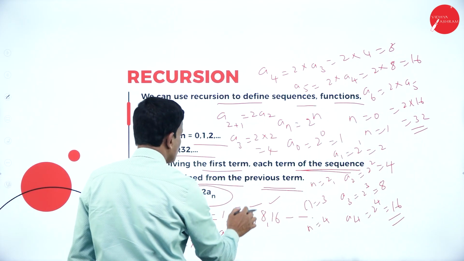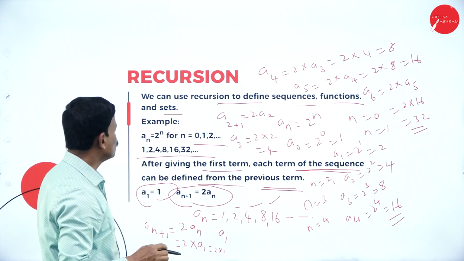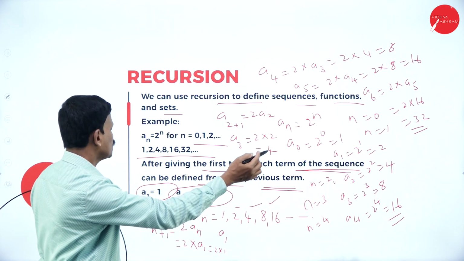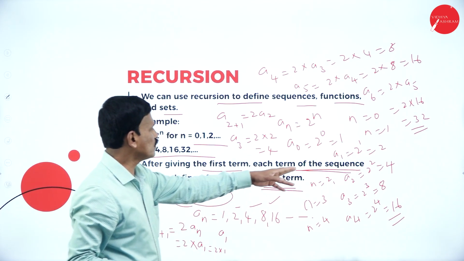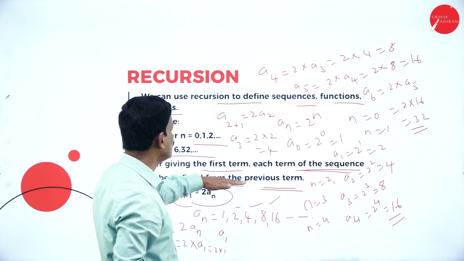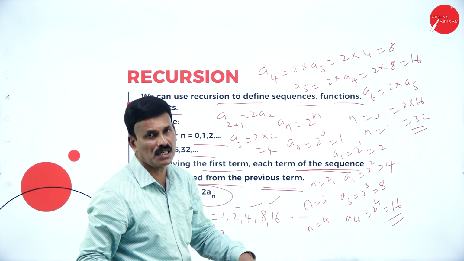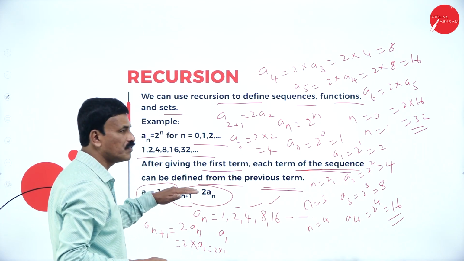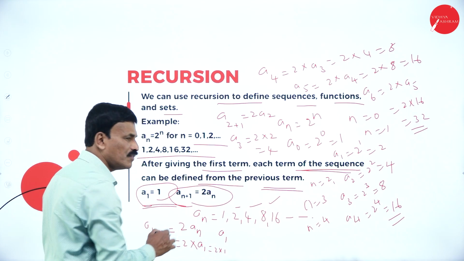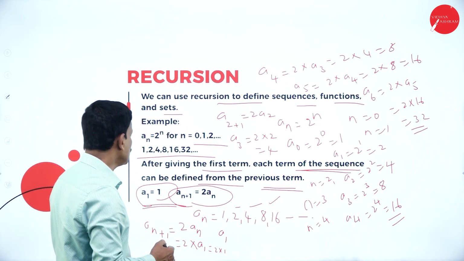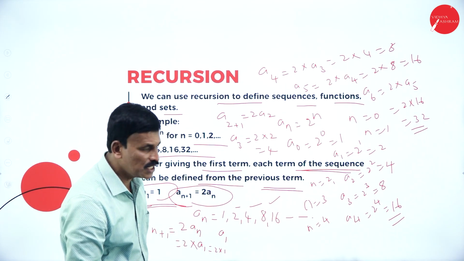So this is how we get the sequence 1, 2, 4, 8, 16, 32, etc. That means after getting the first term, each term of the sequence can be defined from its previous term. Here A1 is equal to 1 and A(n+1) is equal to 2 times An.